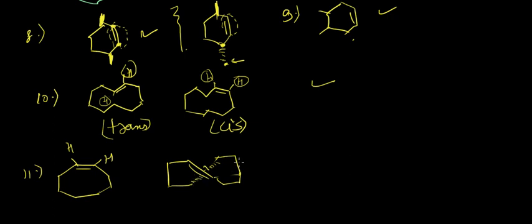So this is a twisted form in which you can see it is a trans form because the hydrogen atoms are attached on opposite sides, and this is a cis form, of cyclooctene.